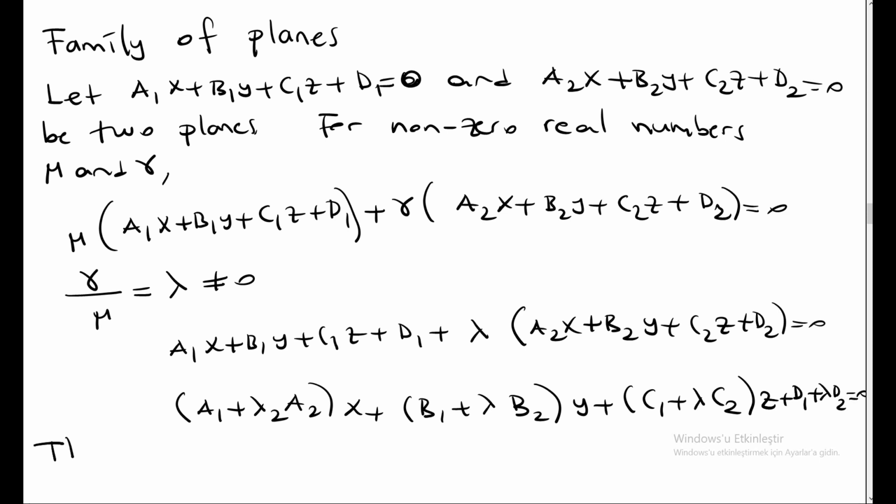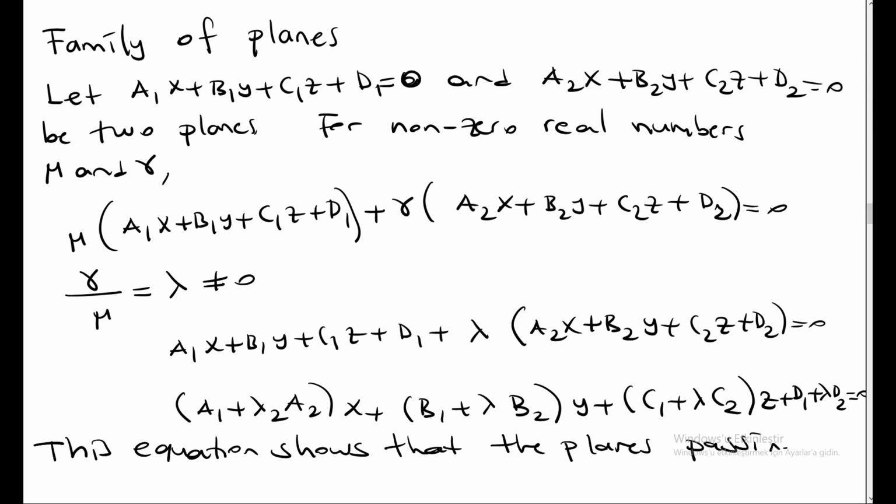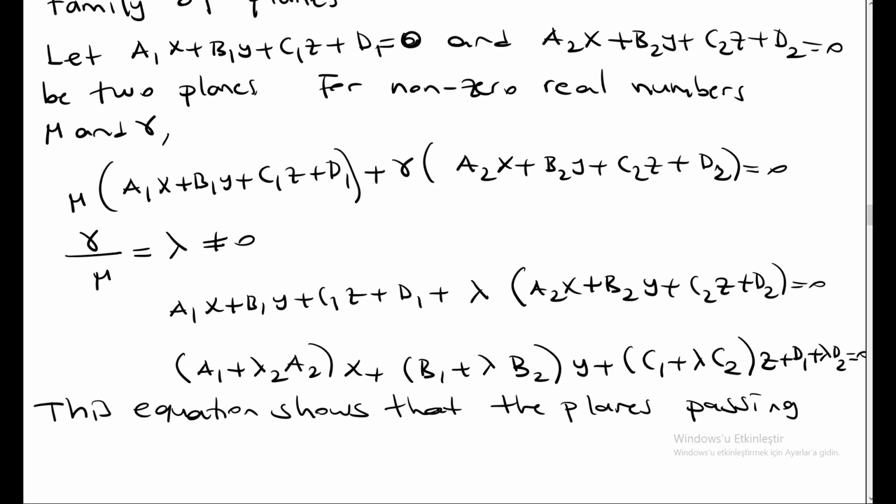So this equation shows the planes passing through these planes, with respect to lambda. So for each lambda you have another plane.